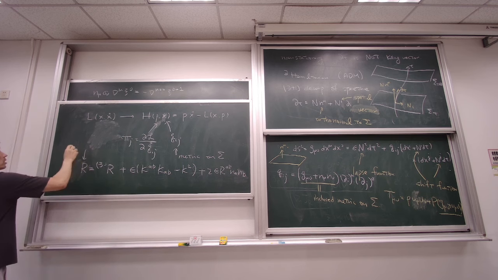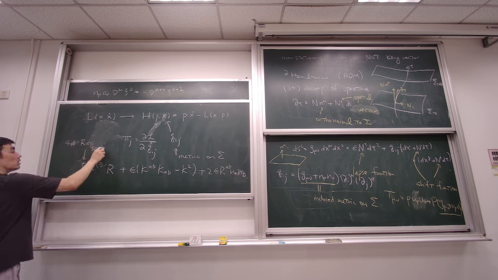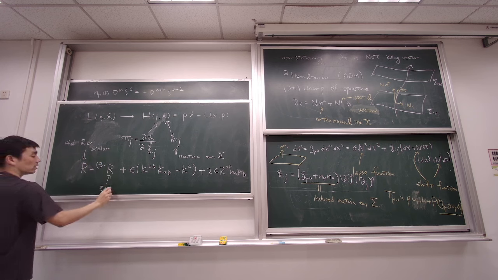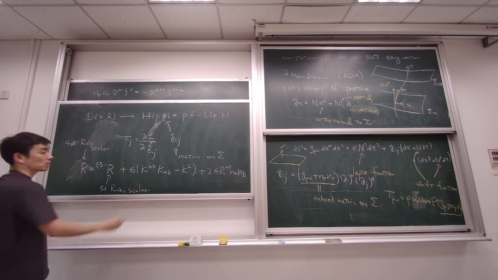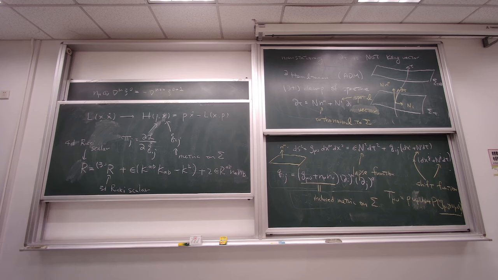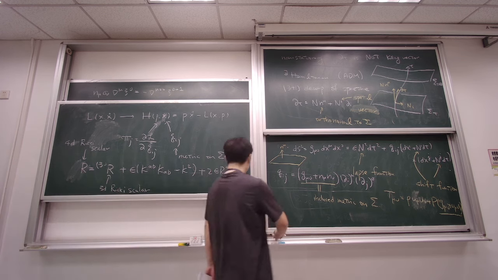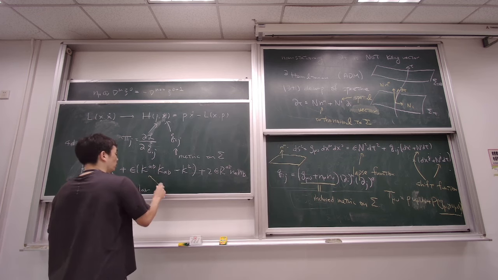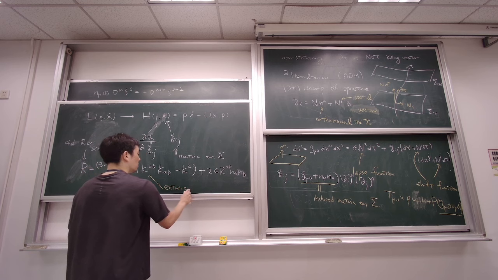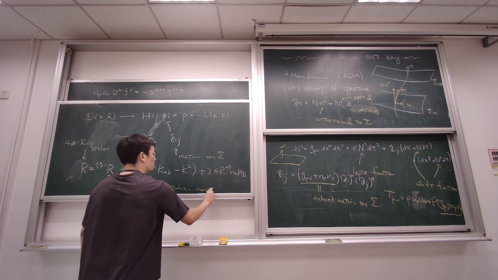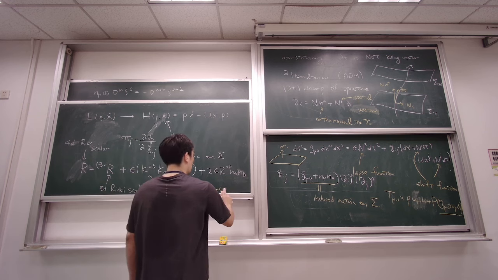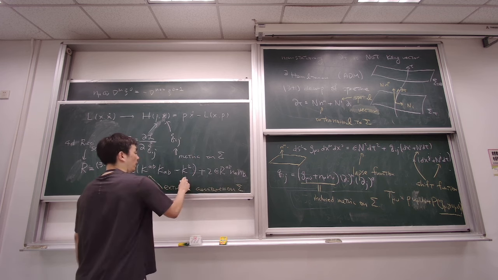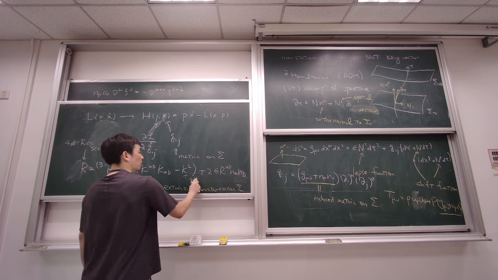This is the 4D Ricci scalar, and this is the 3D Ricci scalar. K_AB is the extrinsic curvature on sigma, and K is the contraction Q^AB K_AB.